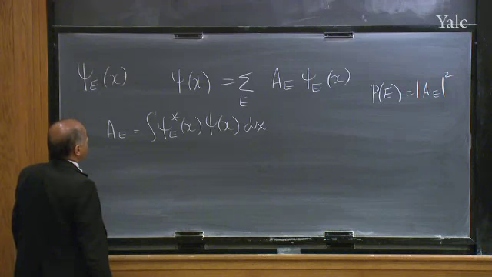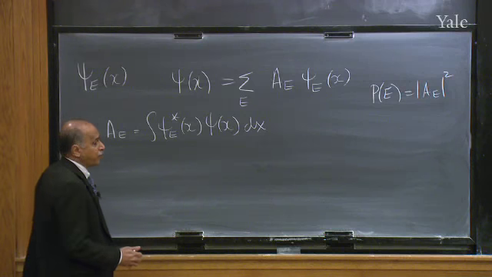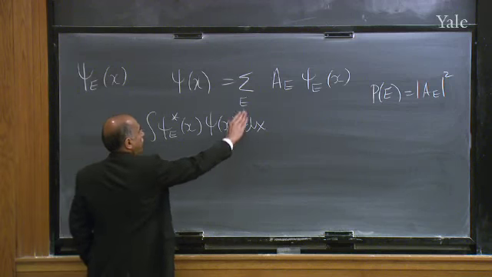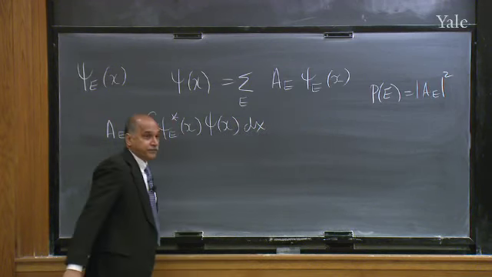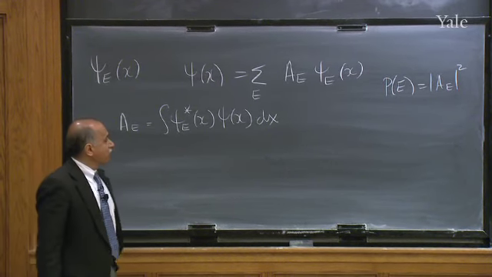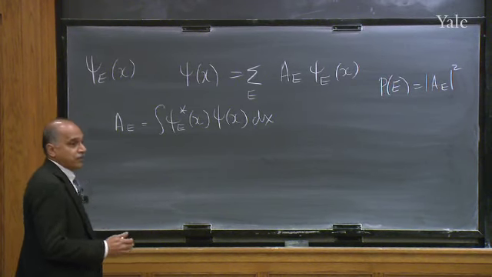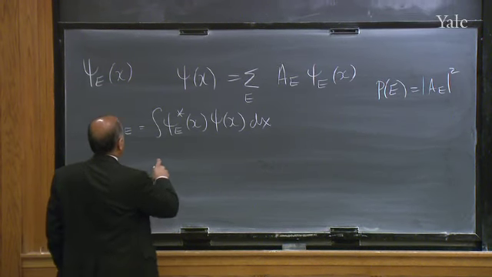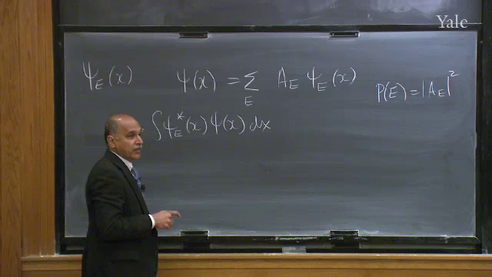Sometimes one can give you a function psi of x, then you take all these functions, do all these integrals, find all the coefficients, and you square them. Other times the coefficients may be given to you, you just ask, what's the odds for this energy or that energy? But now the question is, what are these functions psi E of x?